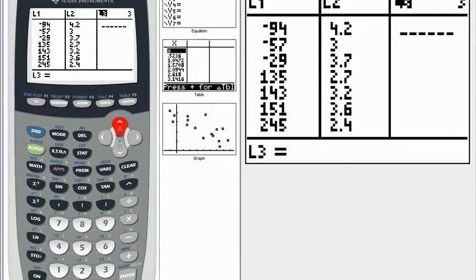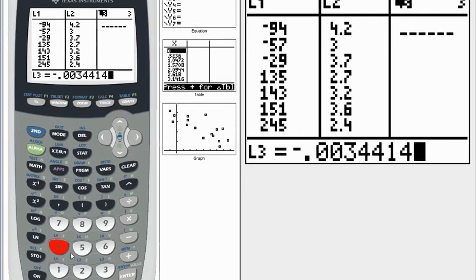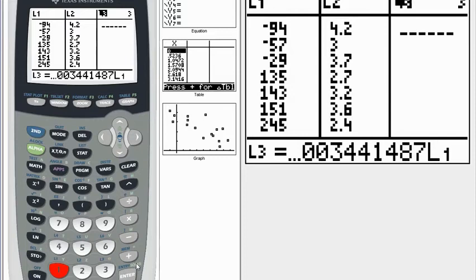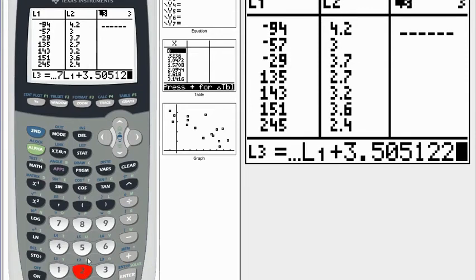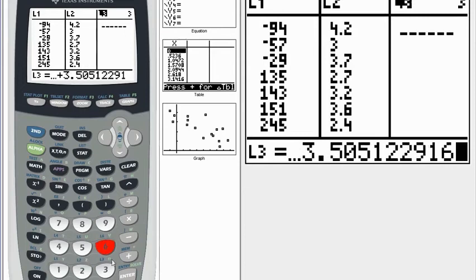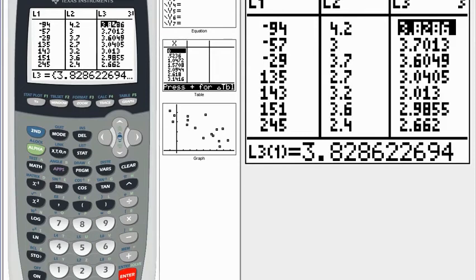So entering in the equation for the linear regression model, negative 0.00344148 times my L1 values plus the y-intercept of 3.5051229116, using a lot of decimals to avoid rounding errors. But so now I have my predicted values.